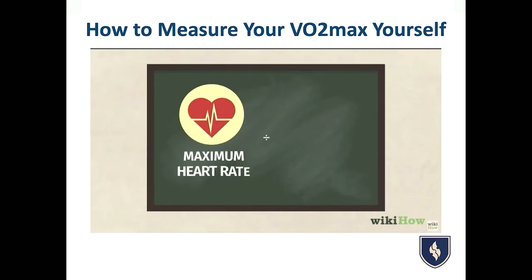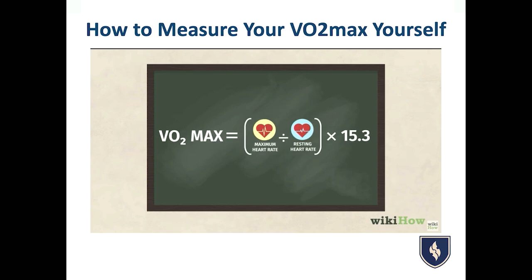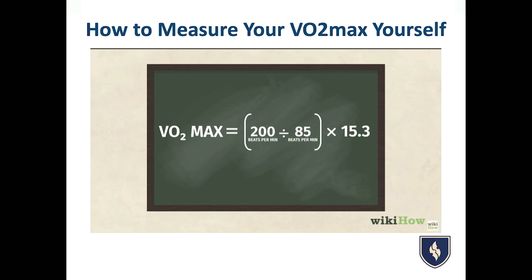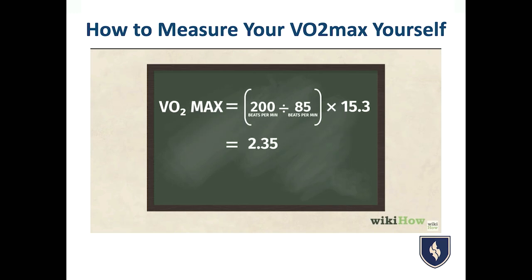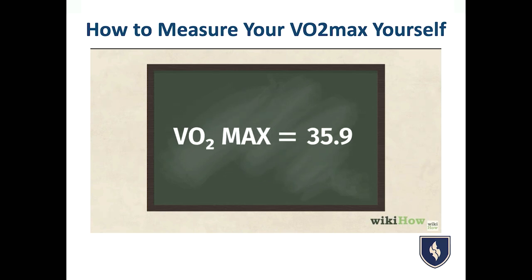Divide your maximum heart rate by your resting heart rate, then multiply the result by 15.3 to get your VO2 max. For example, if your resting heart rate is 85 beats per minute and your maximum heart rate is 200 beats per minute, you would divide 200 by 85 and get 2.35. Then, you would multiply 2.35 by 15.3 and get 35.9.